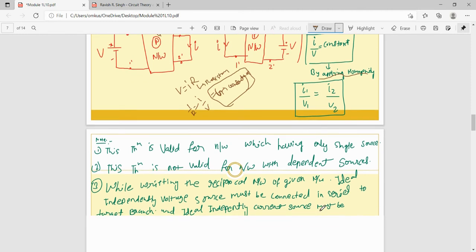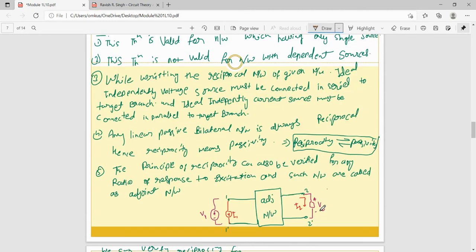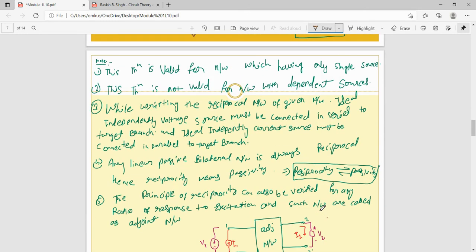Now there are some key points you need to remember while using this theorem. Now see, this theorem is valid for a network which has only a single source, right? एक ही source होना चाहिए. And this theorem is not valid for a network with dependent sources, okay.